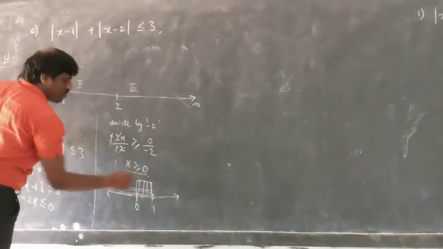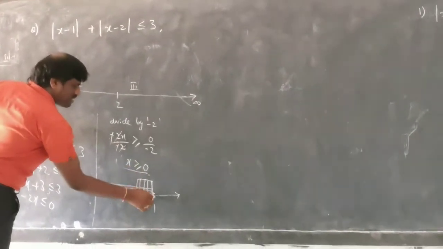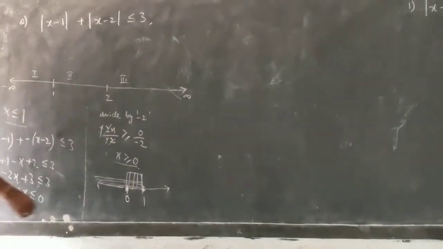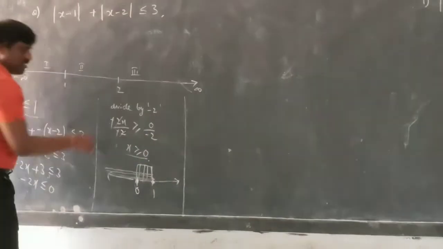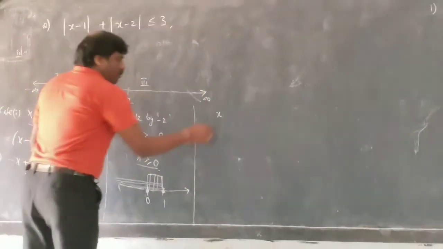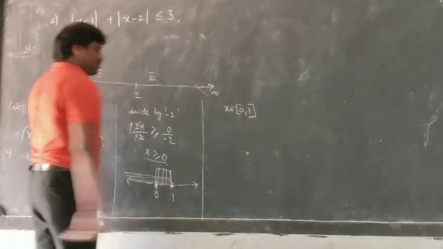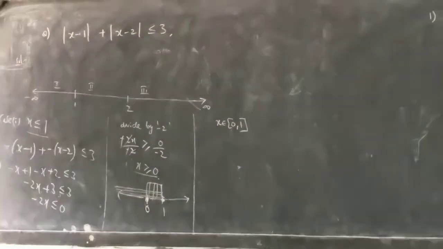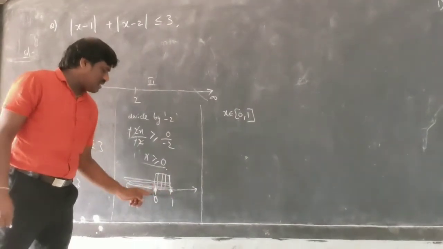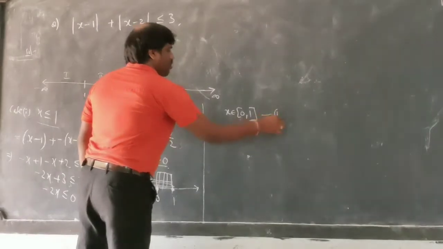So the combination of these will be the answer, and they are included because the equal to symbol is there. So the answer is 0 to 1 closed, because it is 0 to more and 1 to less. So case 1 answer is 0, 1 closed.